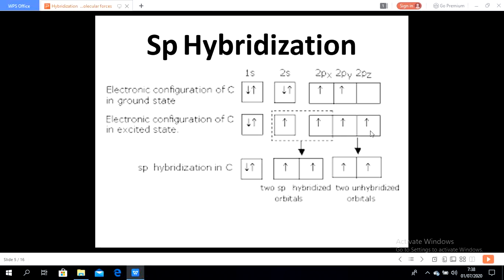And then what happens with the triple bond? The first bond is always a sigma bond. The second and the third are pi bonds. What are those pi bonds? This one.